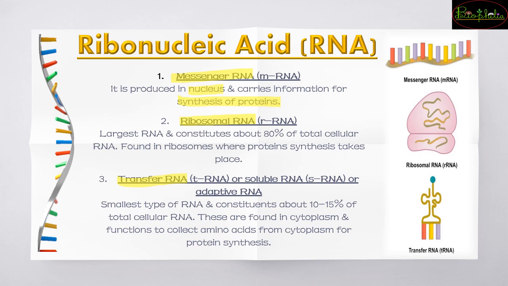साइटोप्लाज्म में जैसे ही mRNA बनेगा, the ribosome will attach onto it. This is the largest RNA, and this will now take place in the protein synthesis. Protein synthesis में ribosomal RNA will be helping.